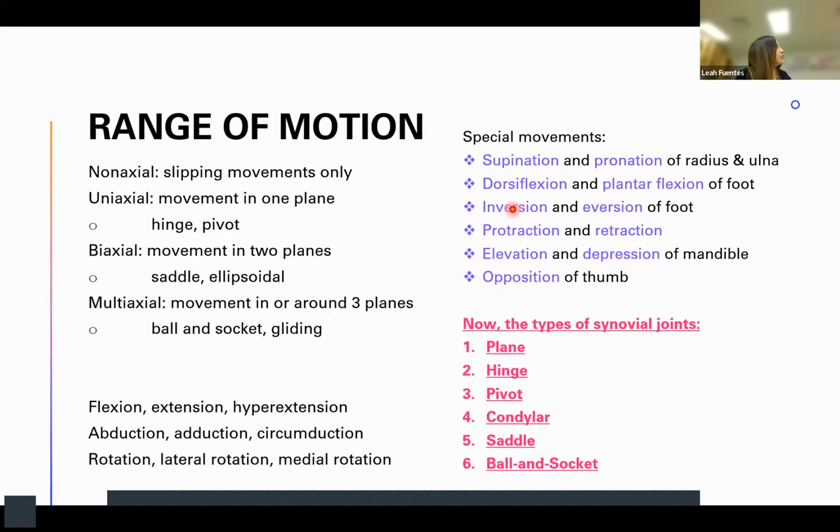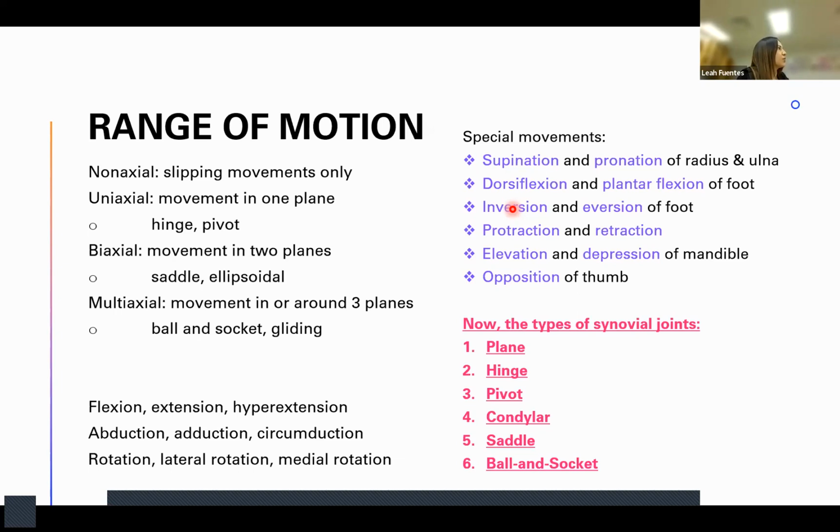And then we get into range of motion. We have different types of range of motion that refer to different types of synovial joints. They're all called axial. As long as you remember axial and then you can remember the first part, you should be okay because it's pretty self-explanatory. Non-axial, these are slipping movements.